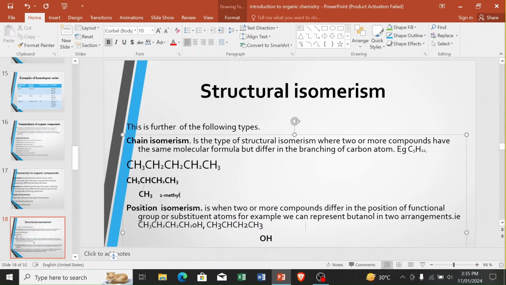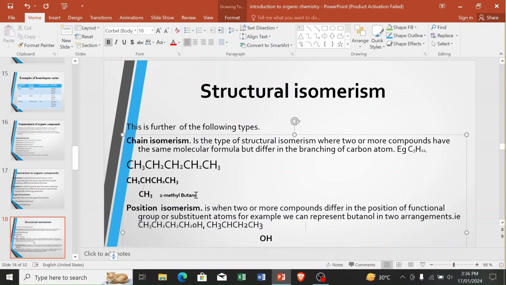Since it is an alkane having carbon to carbon single bonds, butane. But for 4 carbon atoms, and then ANE because it has carbon to carbon single bonds, making it belong to alkanes as a functional group. So that is how we can name our compounds.